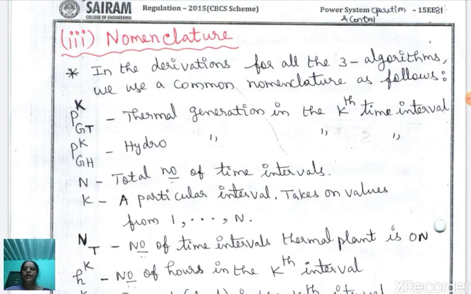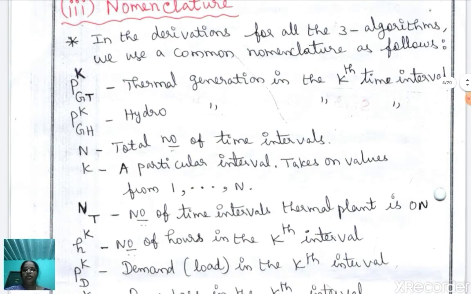P stands for power, GH for hydro generation, GT for thermal generation, and k for the kth time interval. N is the total number of time intervals, and k is a particular interval taking values from 1 to N. N_T is the number of time intervals in which the thermal power plant is on.